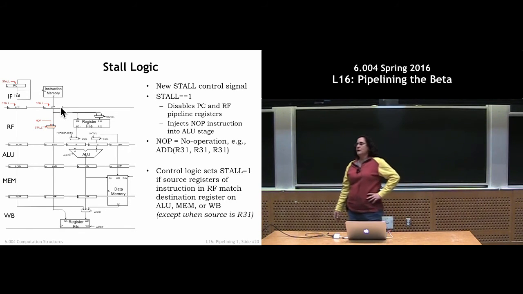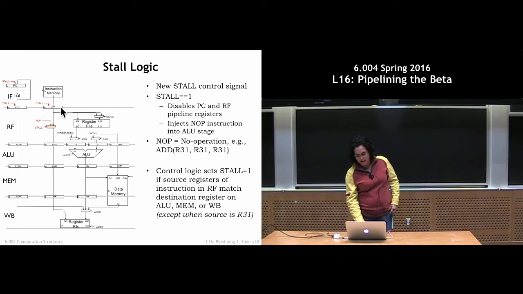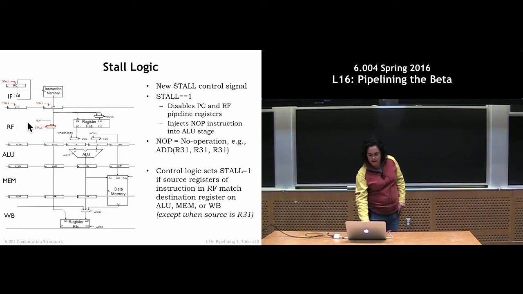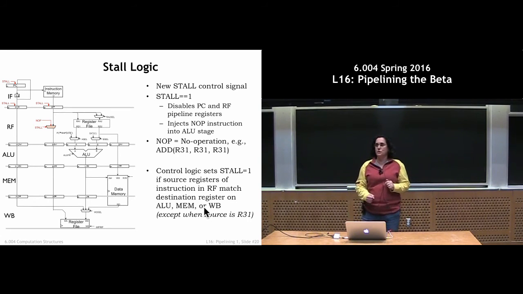And how do you determine whether stall is equal to 1? Well, you have control logic that sets it to 1 based on looking at what's going on further down in your pipeline. If you have in your RF stage an instruction which needs to read a register that matches the destination register of an instruction that's further down in our pipe, then we have a data hazard, and so we want to set stall to 1.